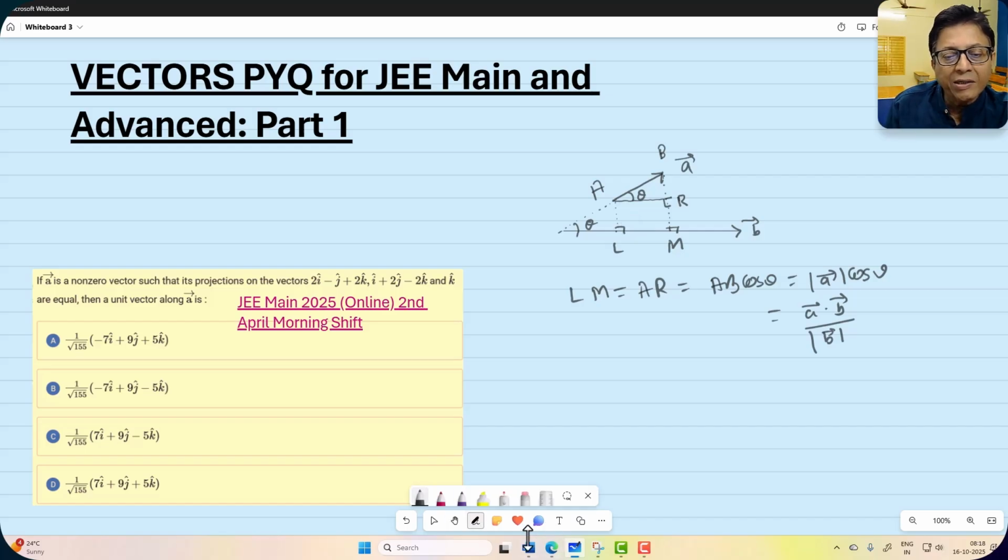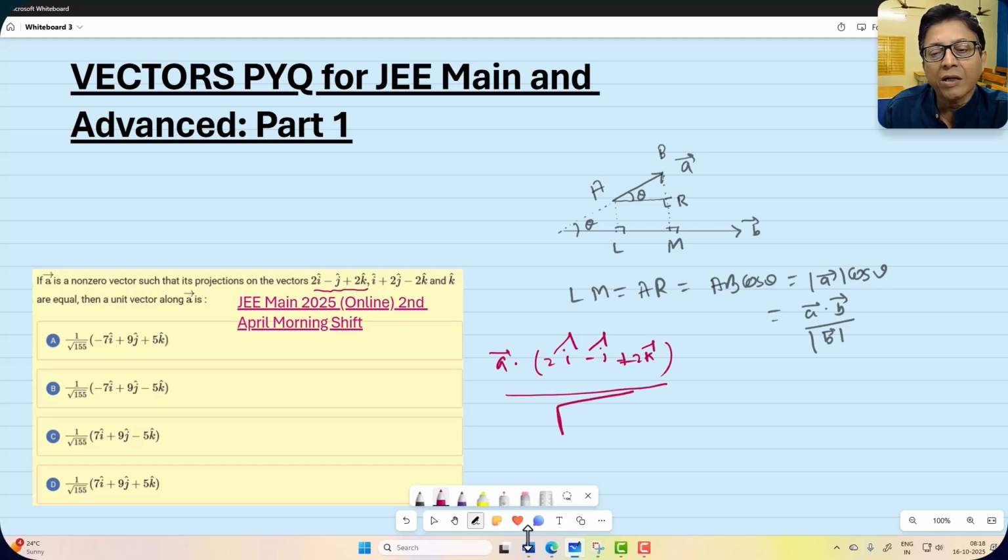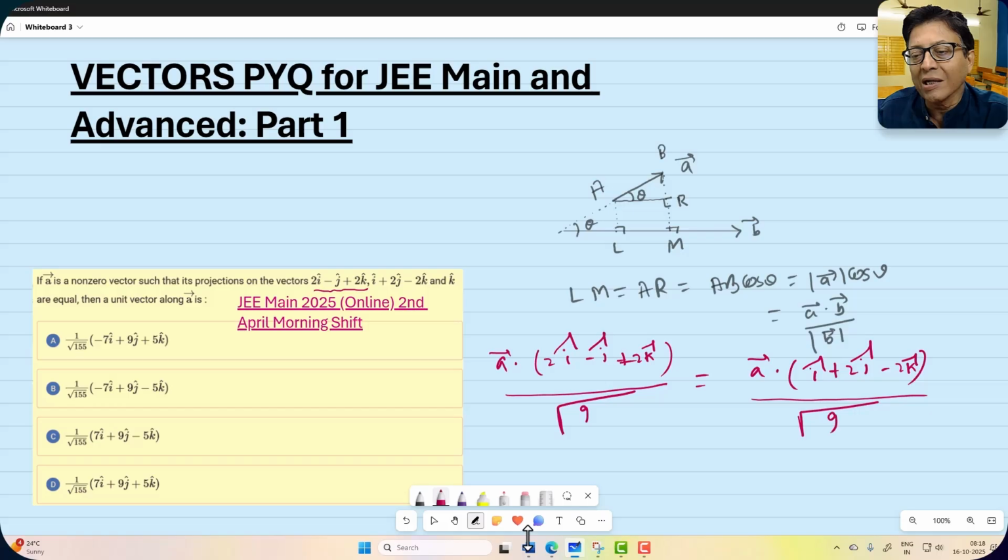Now, when I use the condition that the length of projection on the three vectors is equal, the vector you assume as A is going to be A dot (2i minus j plus 2k) divided by under root 2 square plus 1 square plus 2 square, that is 9, which is equal to A dot (i plus 2j minus 2k) divided by, again the length is root 9, which is equal to A dot k divided by 1.